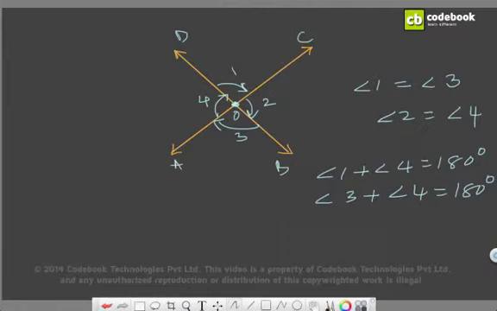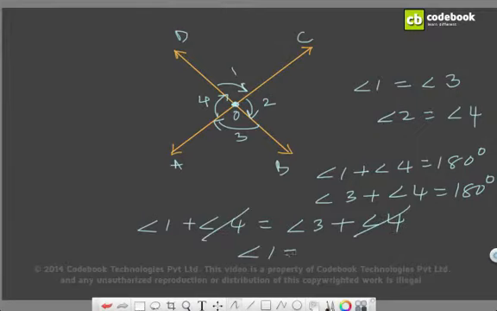So we have these two statements. So we can say angle 1 plus angle 4 is equal to angle 3 plus angle 4. So angle 4 cancels out, and what you are saying is angle 1 equal to angle 3. Similarly, you can also do the proof for angle 2 equal to angle 4.